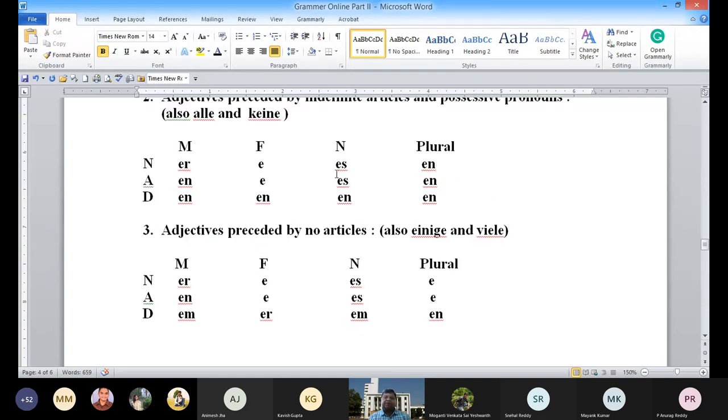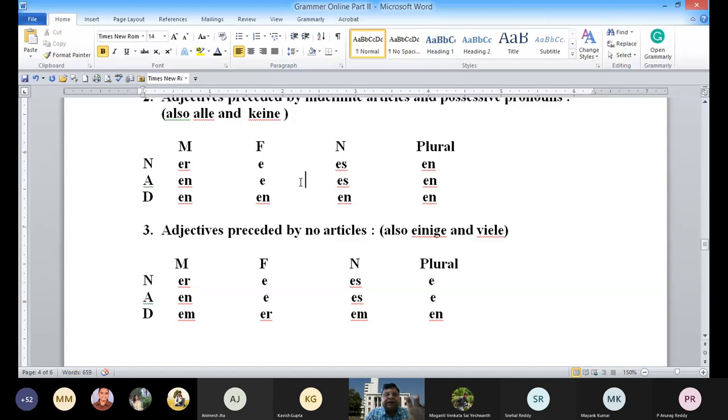Now for the indefinite article, that is a or an, the adjective endings will be like this: er, e, es, and the plural form is en. Again here you will find the plurals have the en ending. So in the majority of cases you will find en like the previous one, and only a little change is coming: er, e, es, en.